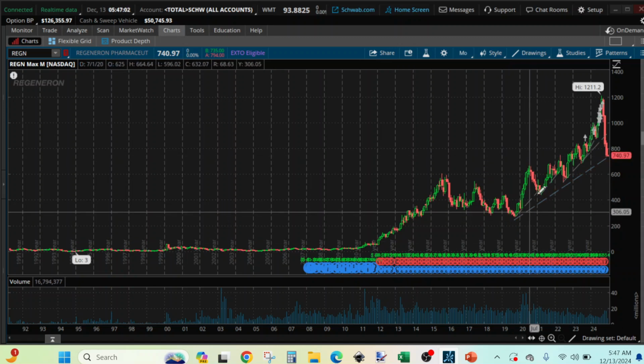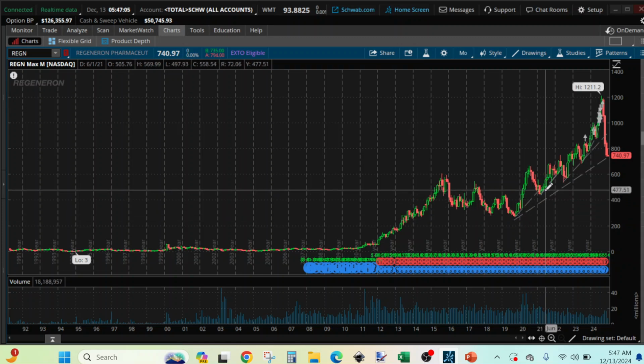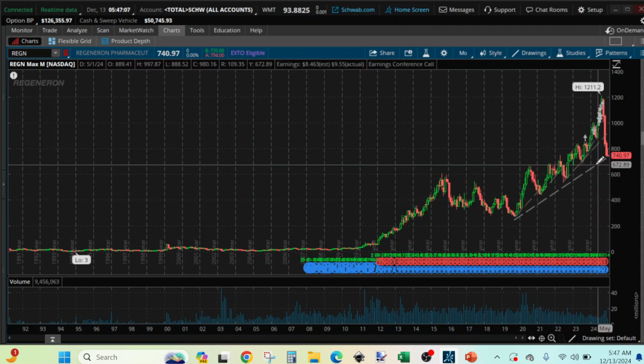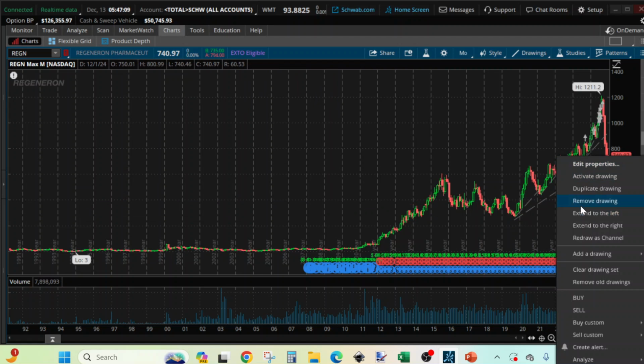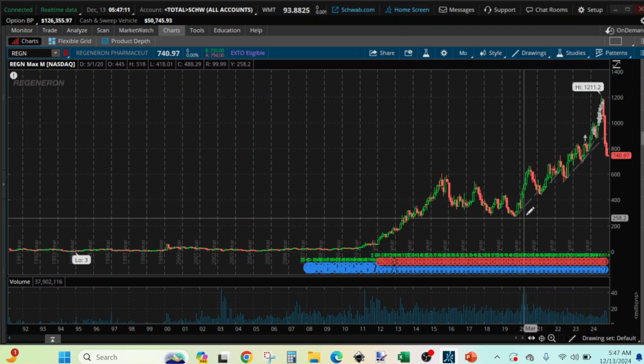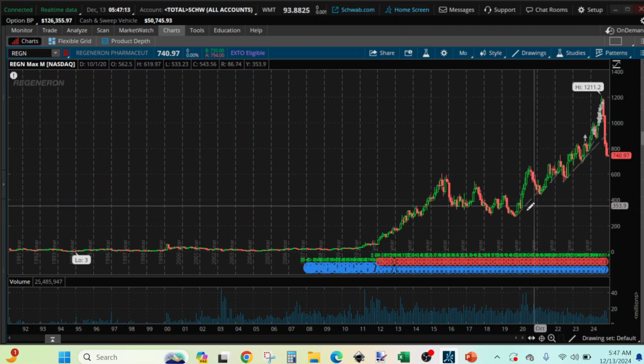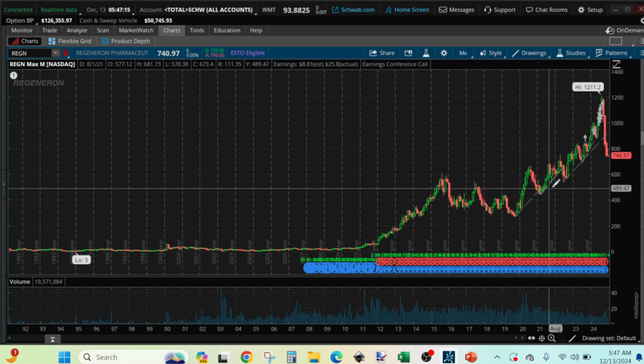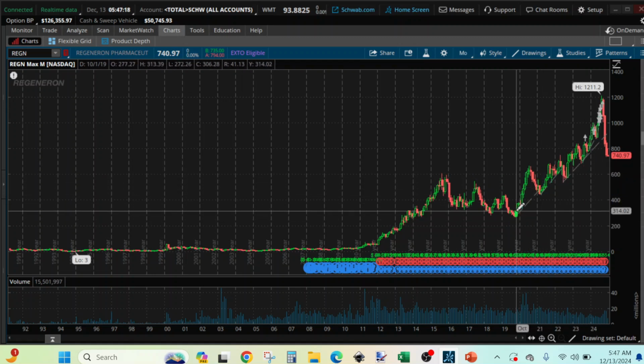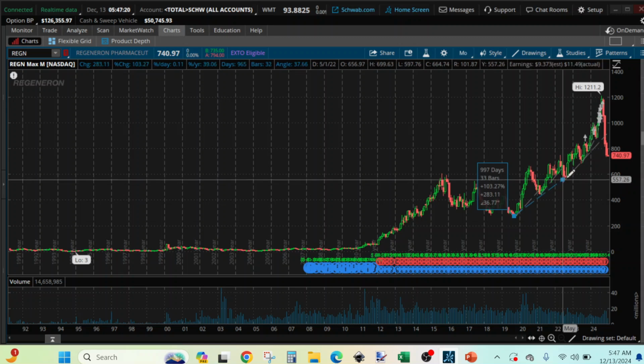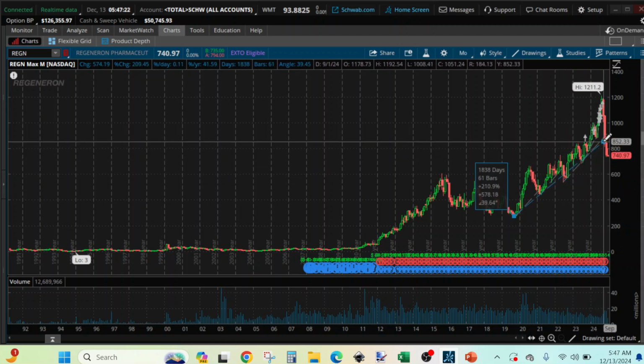Yeah, usually I don't do that because I connect the earlier lows with it. I'm going to take this out. Yeah, usually I connect it like this one. I'll connect it to this and go from there. Like for instance, I will connect it through there, and that will be the line.